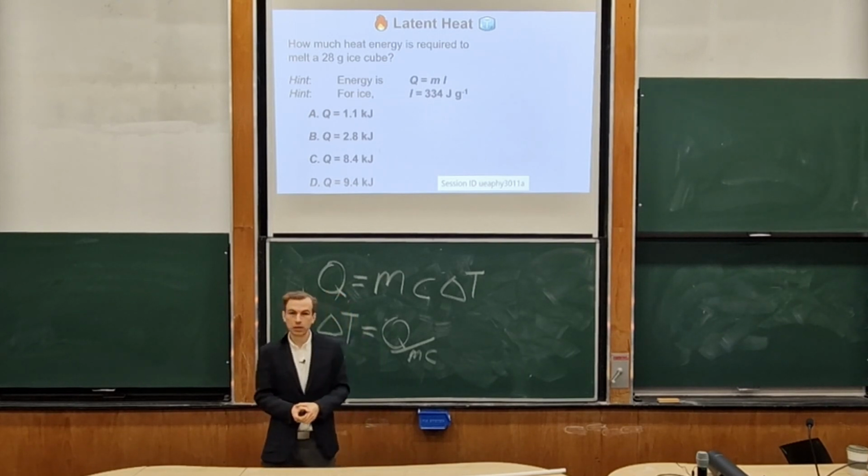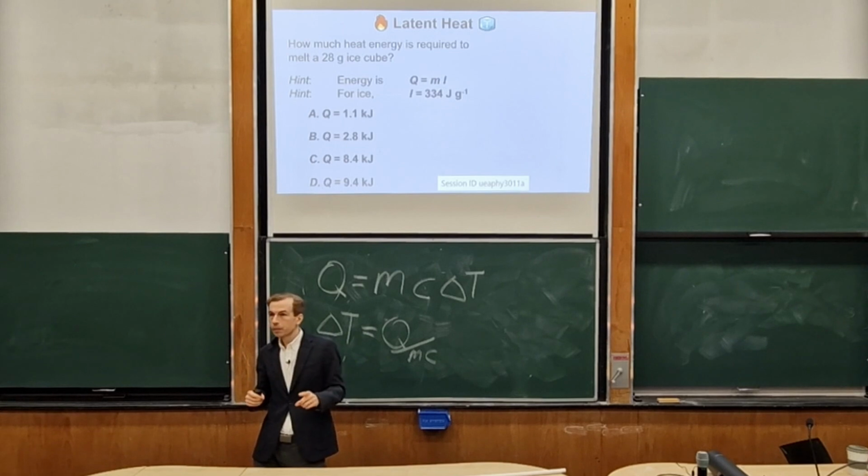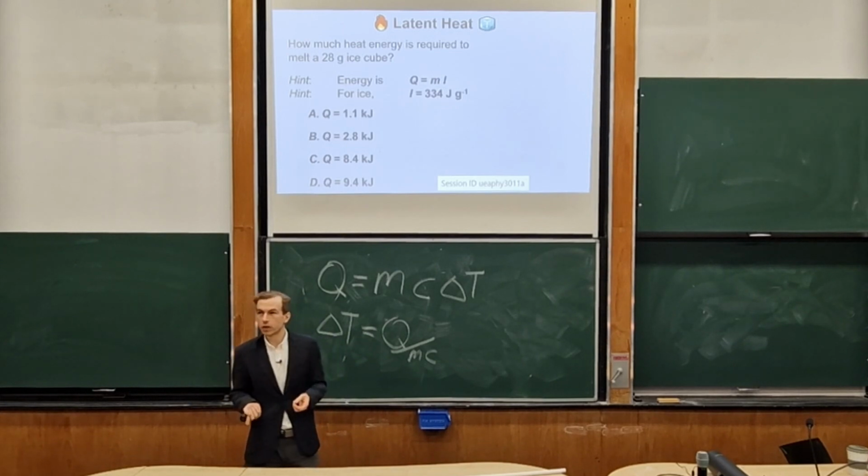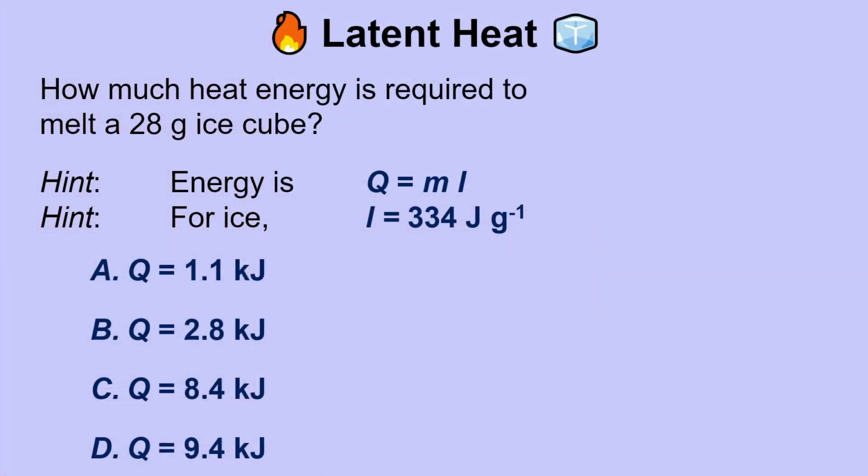I'll get the question going. Let's see what everybody thinks for this one. With this one, we don't even need to rearrange this equation at all. We're thinking about the energy required, we've got the mass, and we've got the heat capacity.